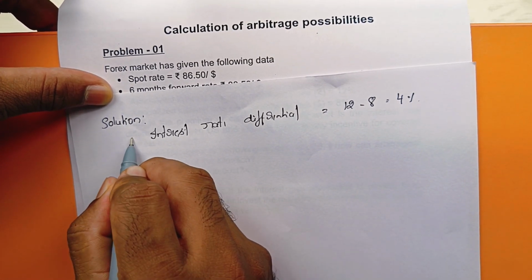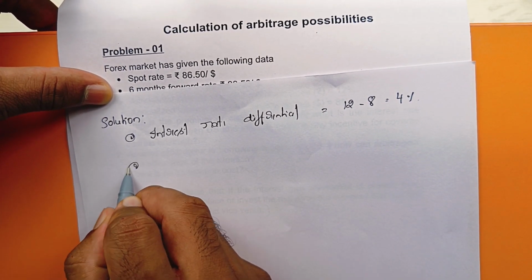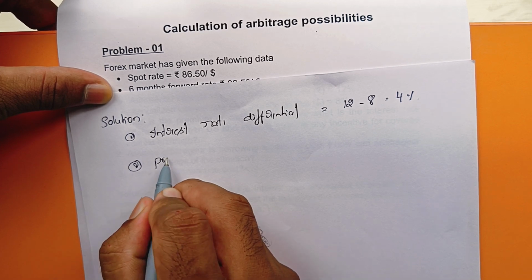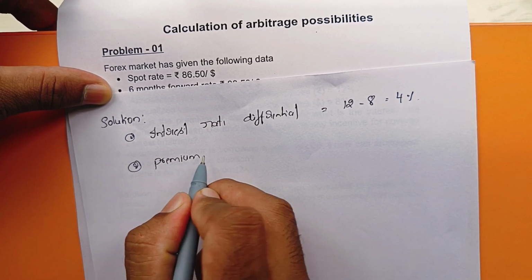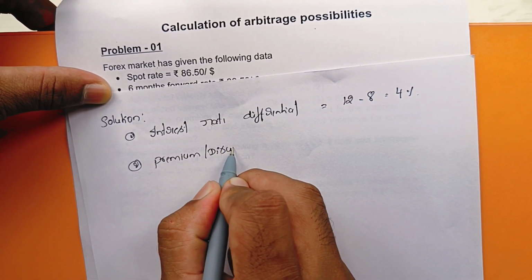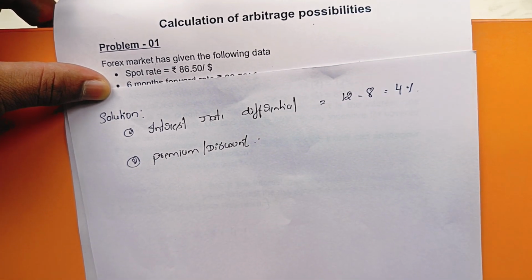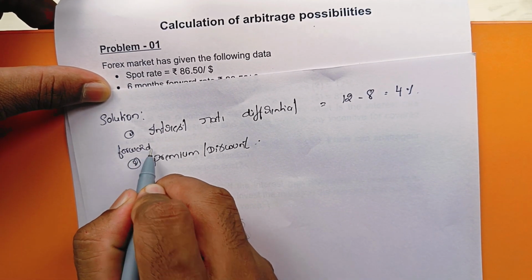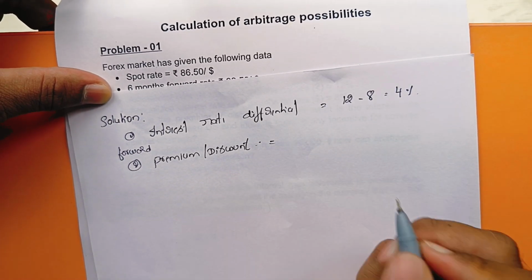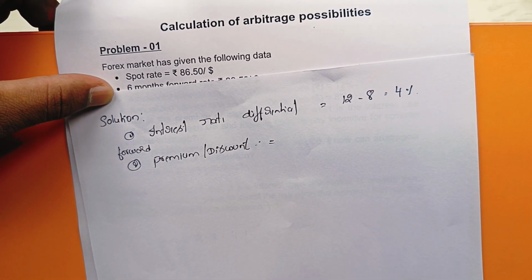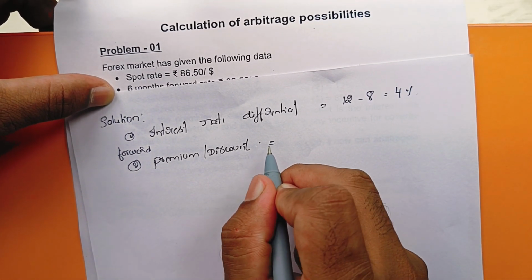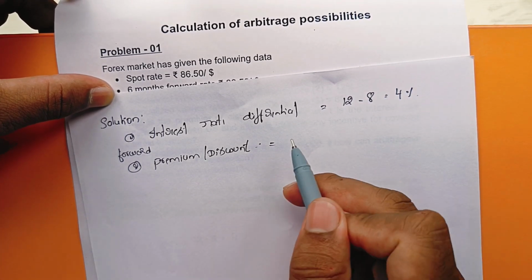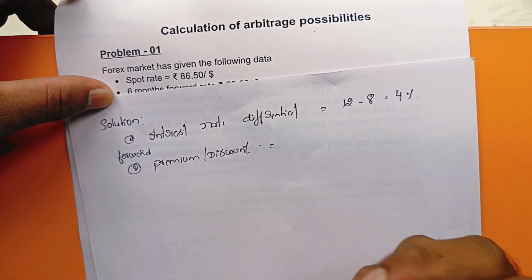Then we need to calculate premium or discount. We don't know whether it is premium or discount. This is the forward premium or discount. For this calculation, I have already given a formula in the second or third class.